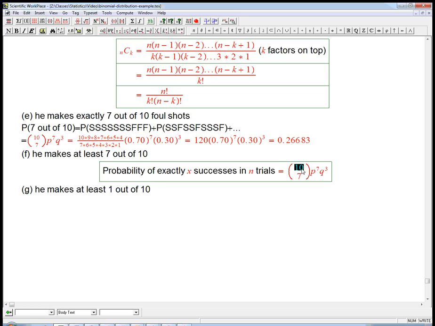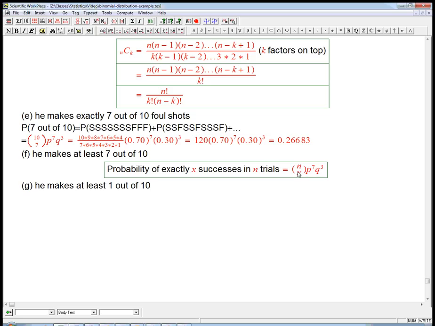It's the total number, and then I have to choose x slots for where the successes are going to be, times the probability of a success to the x power, and then q to the n minus x. That is a super important formula, and it's the exact formula for the probability of exactly x successes in n trials.